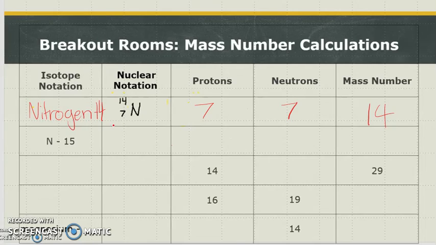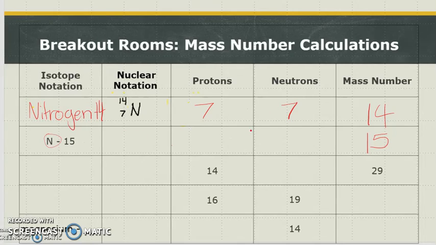Our next one. So we are going to want to check nitrogen 15. All right. So we know it's going to have a mass of 15, and the chemical symbol of N lets us know that this is also going to be nitrogen.